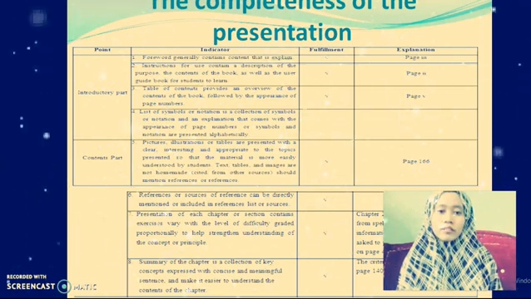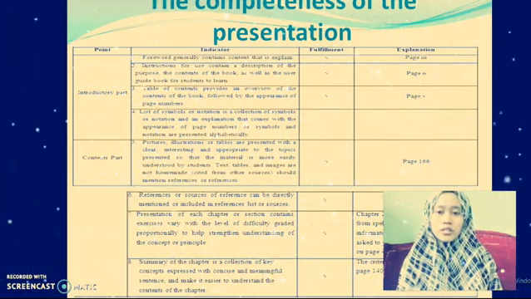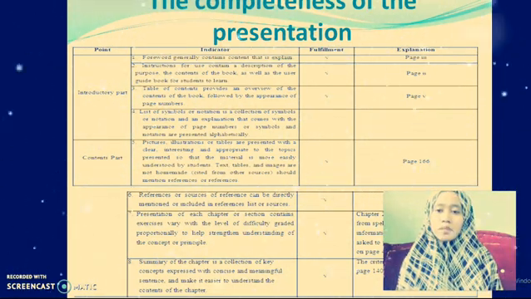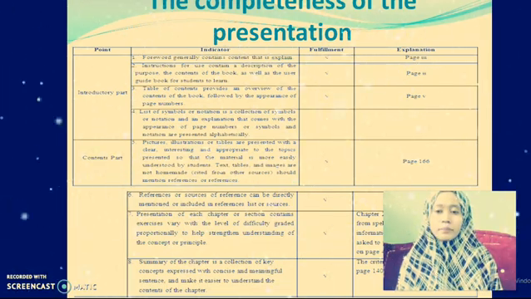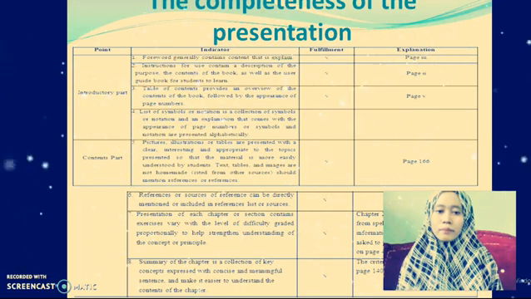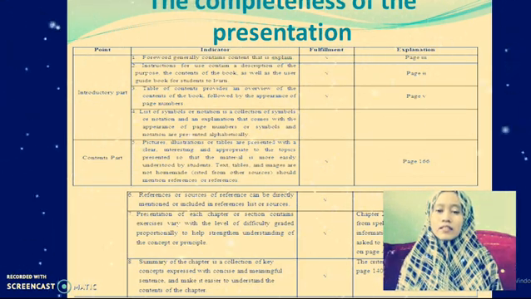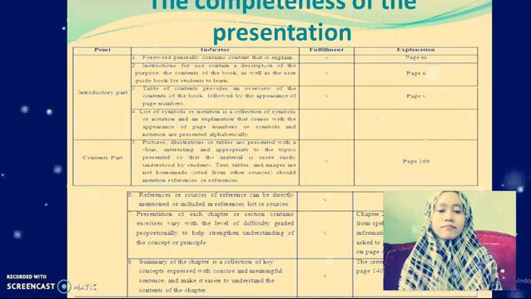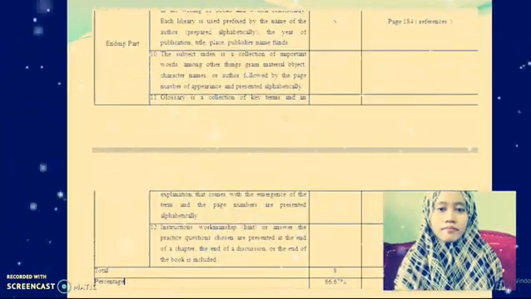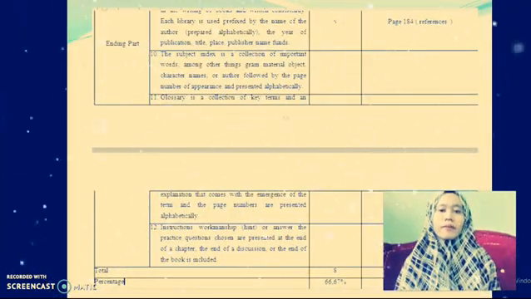the 4 indicators that can be seen at page 3, at page Romawi 3 to 5, and for the content part, the indicators can be seen at page 166. And the last is the ending part.